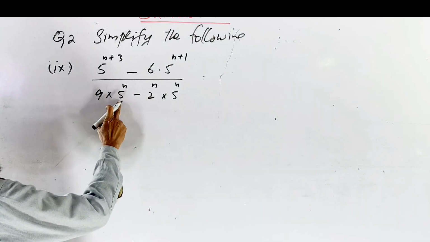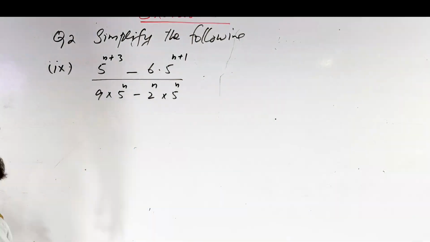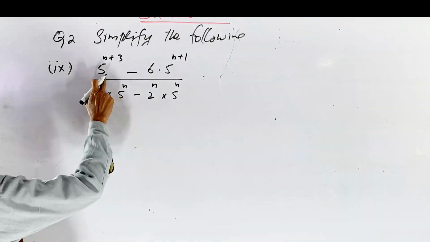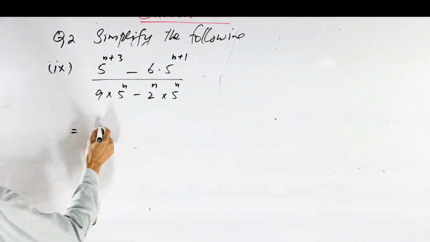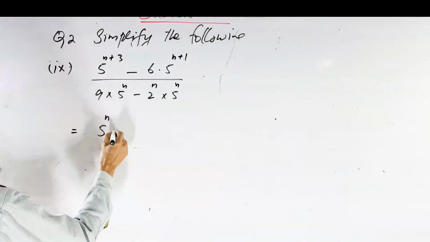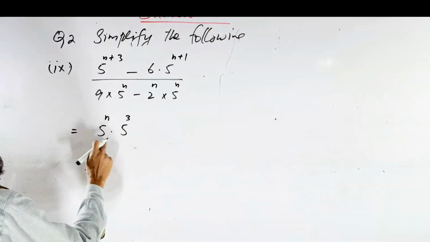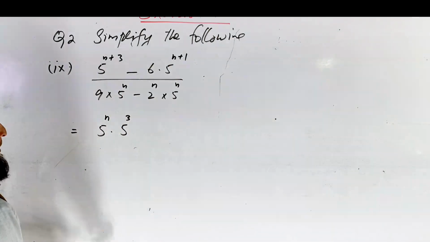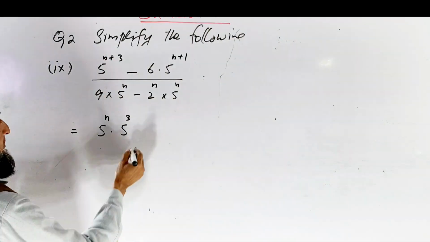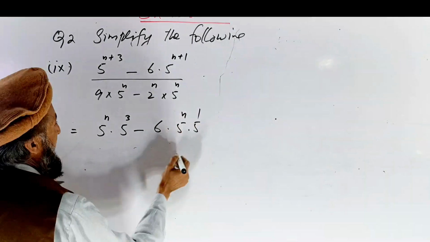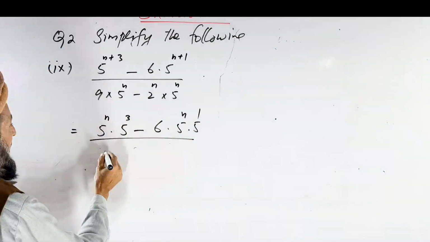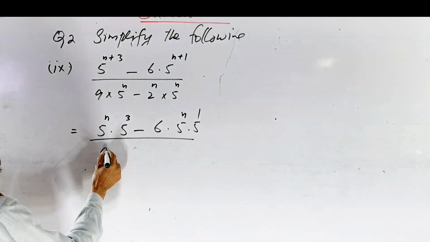Here is 5 power n and here is 5 power n. So if we make 5 power n common from this term, we can directly calculate this result. So look here, 5 power n into 5 power 3. The bases are same, so we add their powers, and we eliminate these two terms. Minus 6, 5 power n into 5 power 1. Similarly 9 we can write as 3 square.